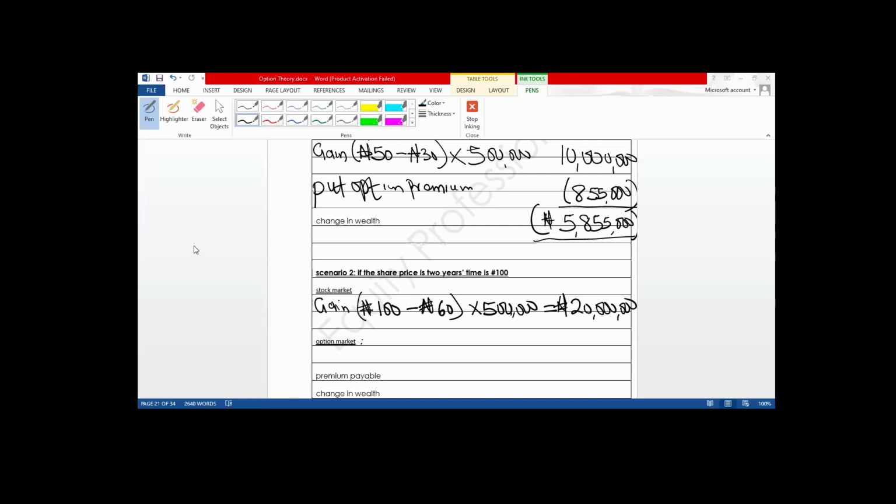Correct. The appropriate answer is no. I won't exercise my right. You obtained a right to sell at 50 naira, but now the price is 100 naira. You are going to opt out of that contract.